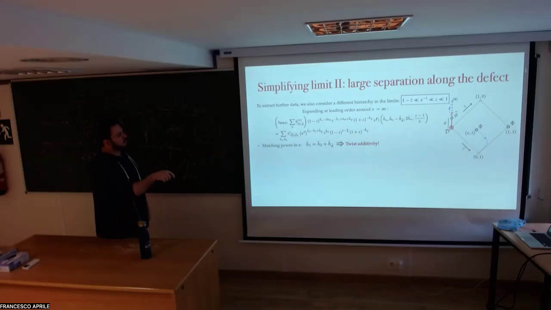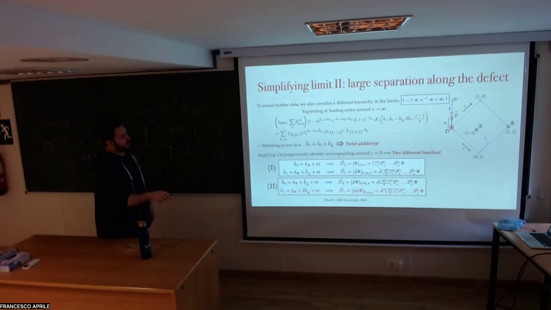And indeed, by matching the power in x, we already have this twist additivity for the part that here we do not have x dependence. If we perform then a geometric identity and expand at all orders around the defect light limit, we found a new interesting result with respect to the other simplifying limit, in the sense that now there are two families of contribution that appear at the same time.